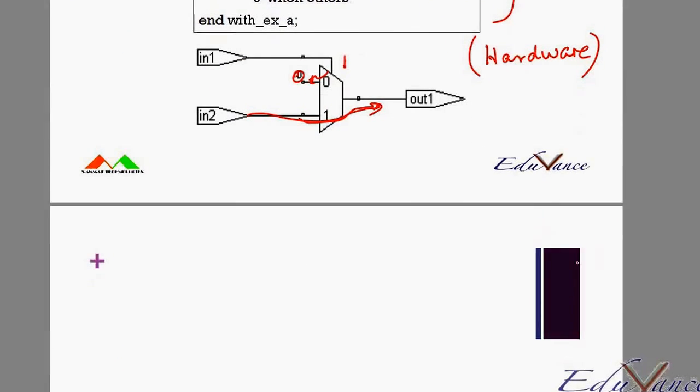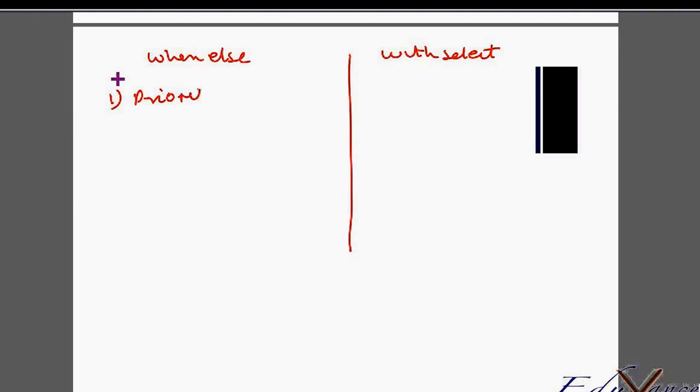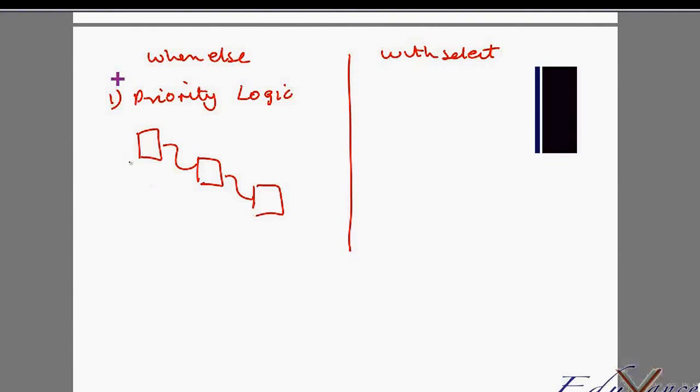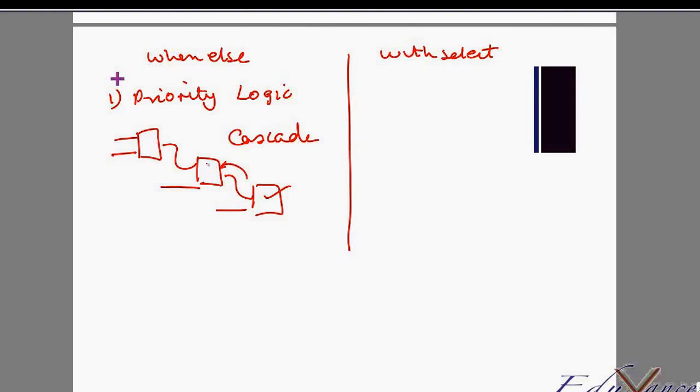So the fundamental difference between the when else and with select is that when else gives you priority logic, which is a series or cascade. So this has higher priority over this, and this has higher priority over this. With select gives you parallel logic.